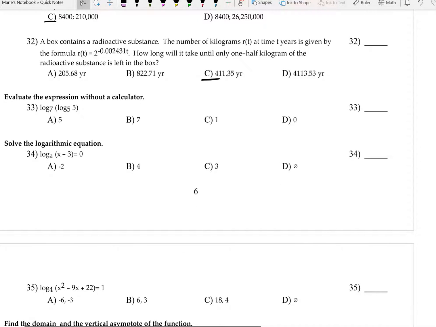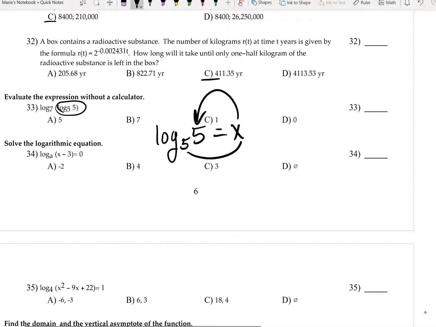Okay. So evaluate the expression without a calculator. Okay, here's what you know. We have to evaluate this first, right? And so to evaluate that first, we have to remember the rule that this is log base 5 equal to x, which means 5 to the x has to equal 5 to the 1.